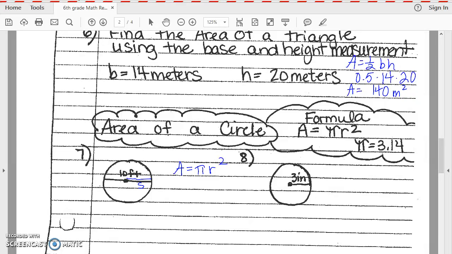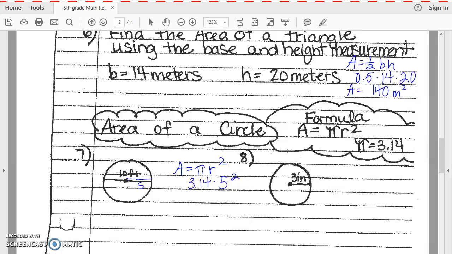So now I'm going to write down pi. What is pi? 3.14 times r, which r is 5 squared. Okay, now underneath it, I'm going to start solving, and I'm going to use order of operations. According to order of operations, what am I going to do first here?